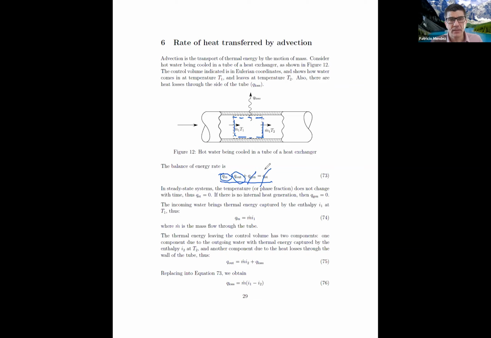Something that might be interesting too: when we first discussed control volumes, I used two words, and they're in the notes, and I'm updating the notes so this is more clear. I used the words Lagrangian or Eulerian.